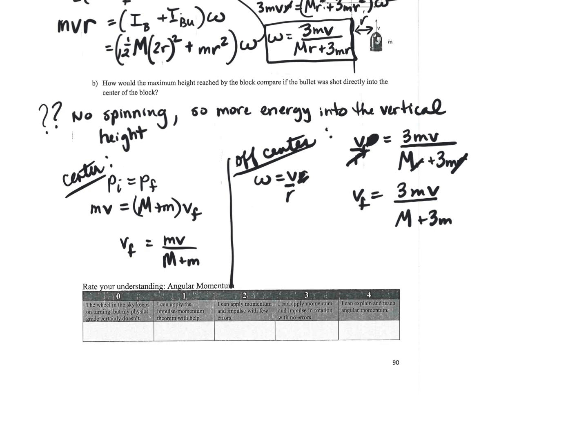We would have to do this as two separate problems: how high would it go, or how far would it go, versus how much it rotates. It's weird, but the extra final velocity we have here comes from the rotation.